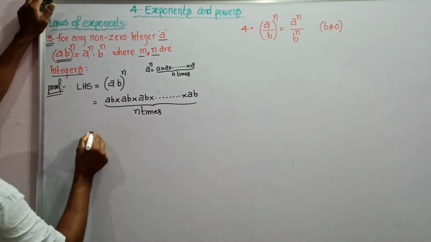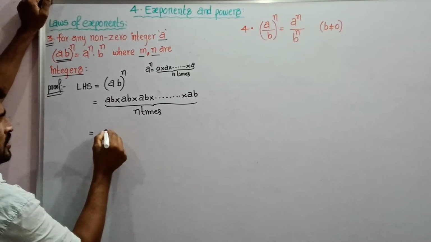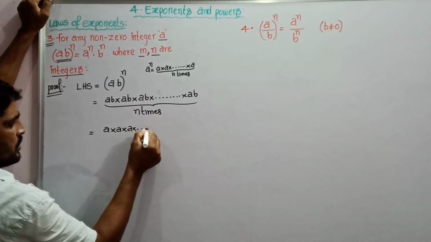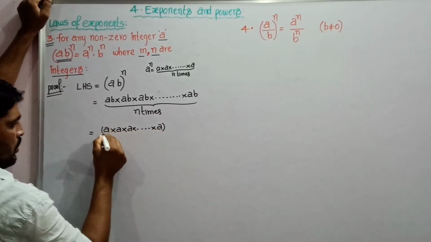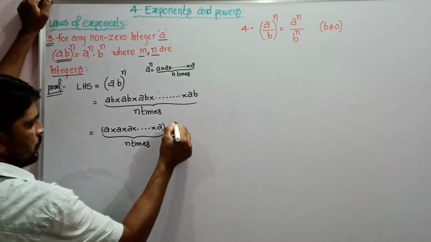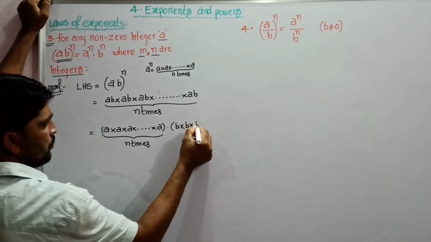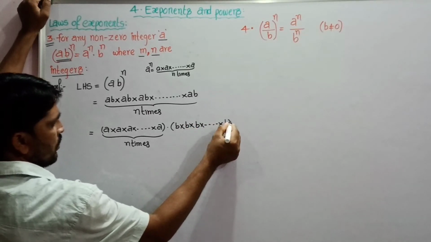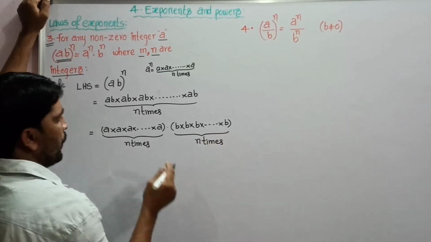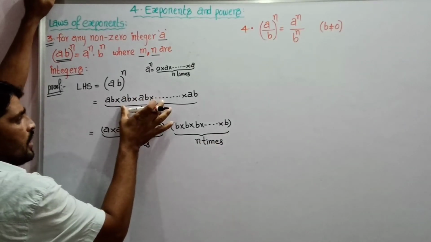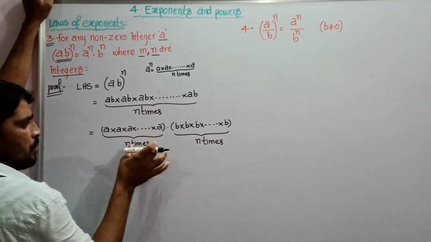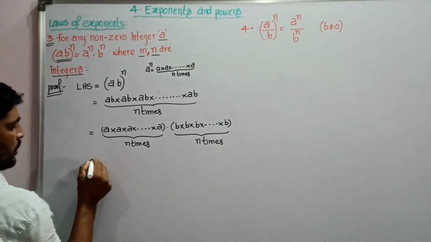This expression can be rearranged as a × a × a × ... × a, n times, into b × b × b × ... × b, n times. Since multiplication is commutative, we can arrange this expression as a occurs n times in the product into b occurs n times in the product.